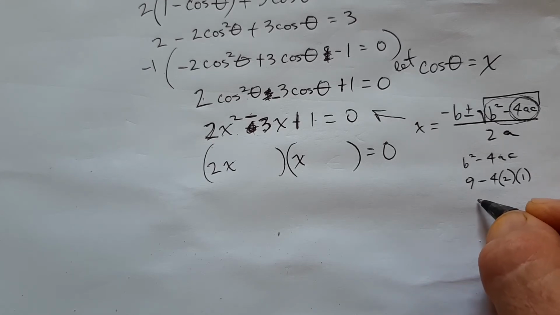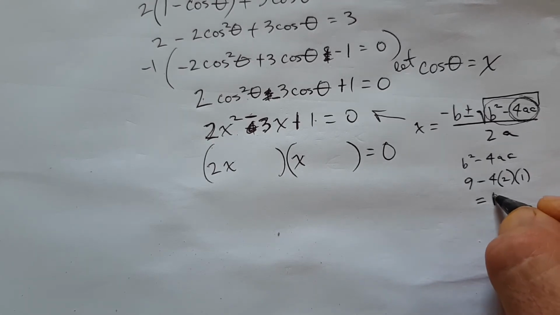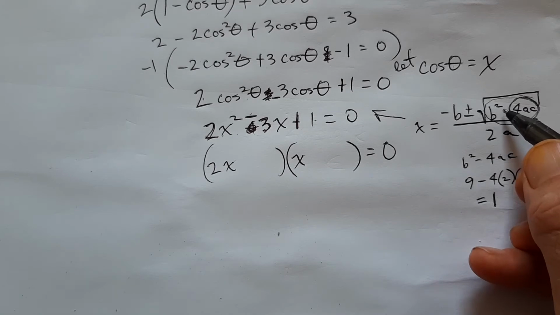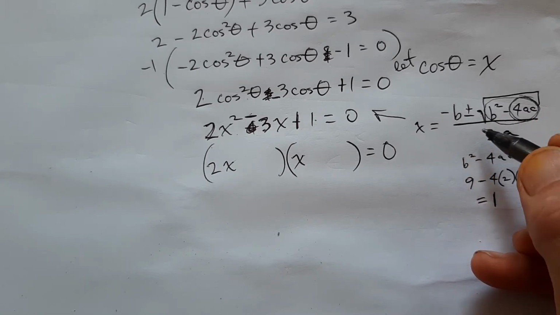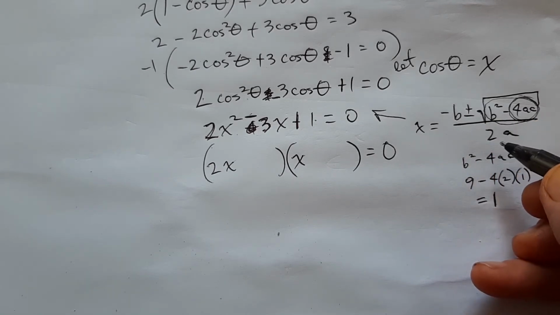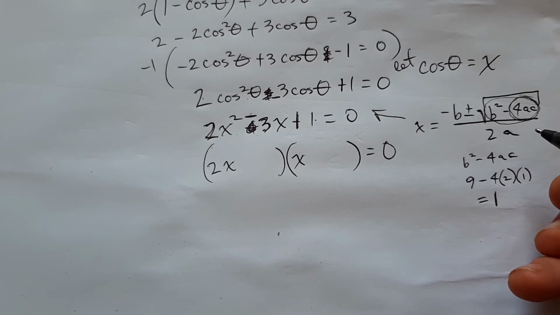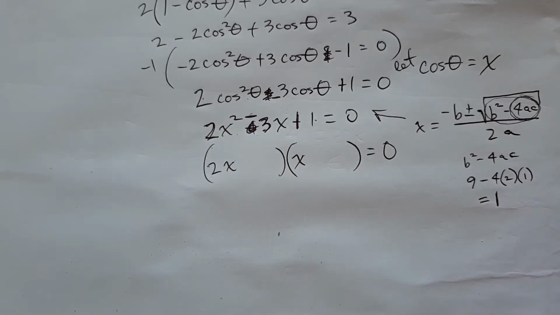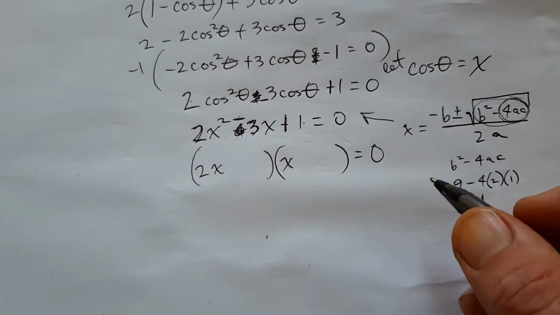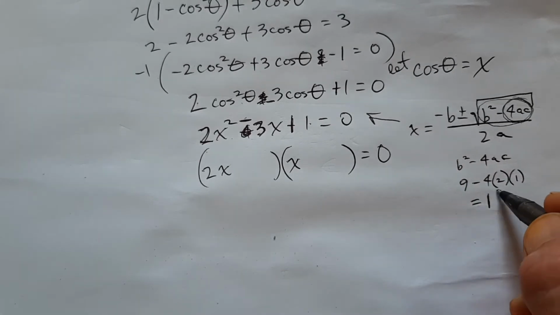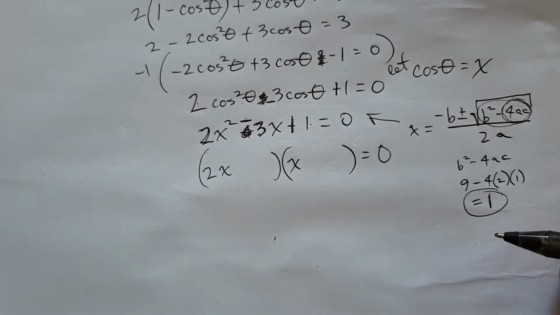Oh, isn't that beautiful? 9 minus 8 is a 1. So the square root of 1 is a 1, so we'll get two rational numbers, two fractions, right? Whether they're whole numbers or fractions. Okay, so that means that we can factor it.